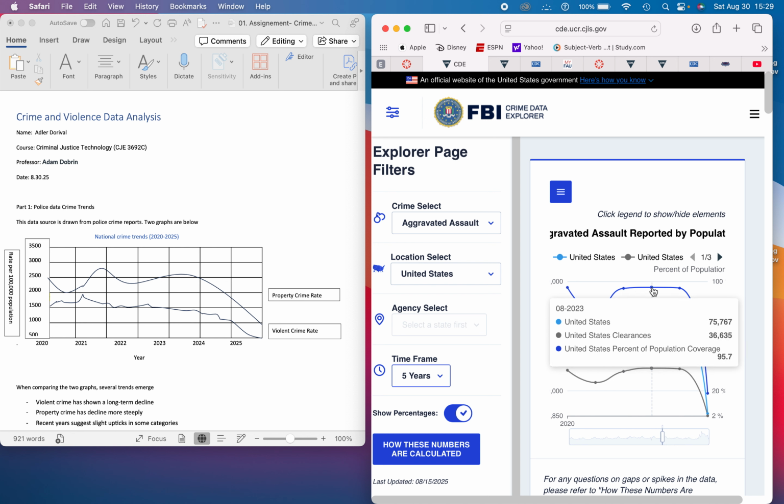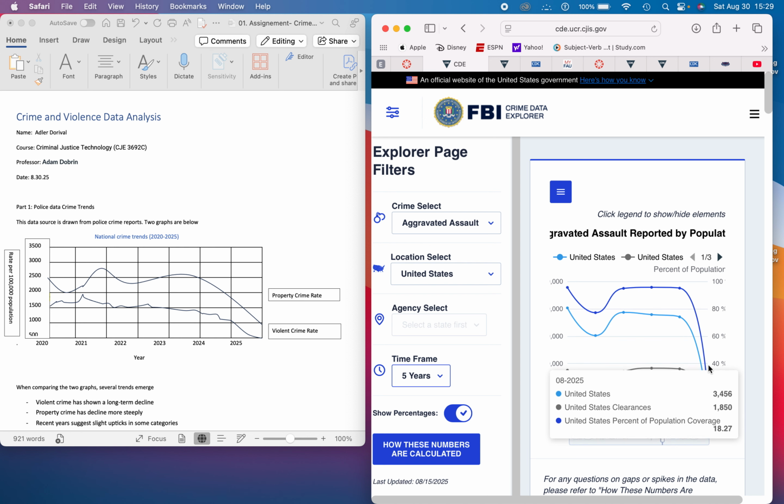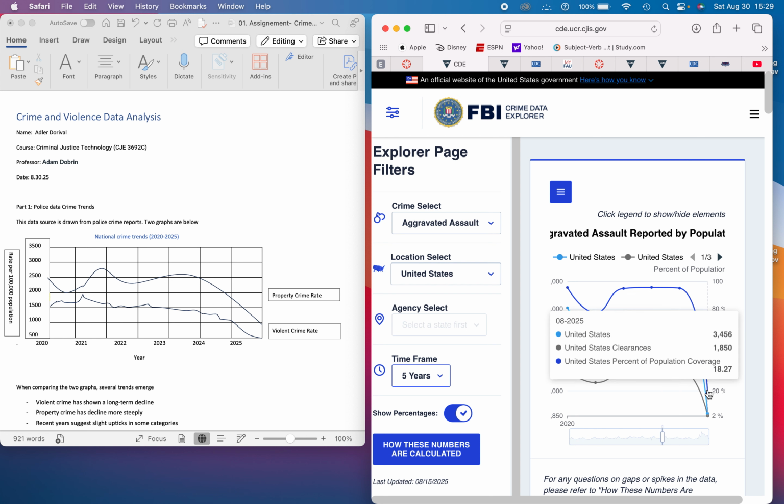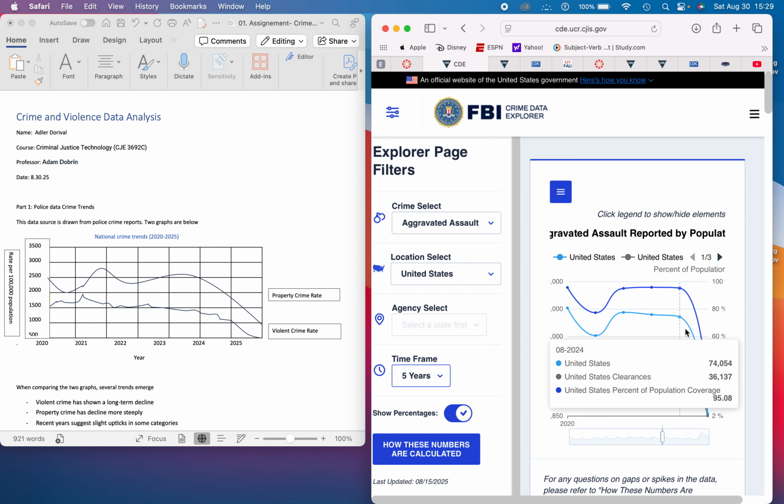It stays steady, it comes down a little bit, and then as of 2025, it goes all the way down around right here, pretty much like 80%, I should say. We don't know how accurate this is, but this is what is presented to us by the FBI Crime Data Explorer. So we're gonna go by what they say.